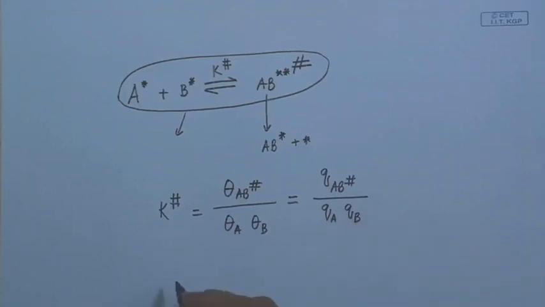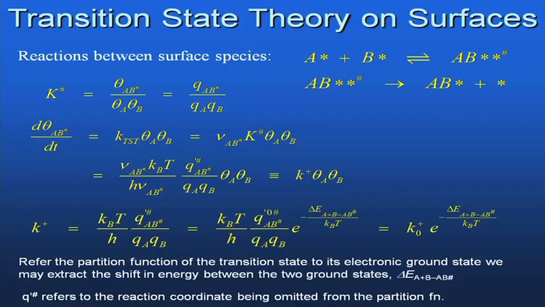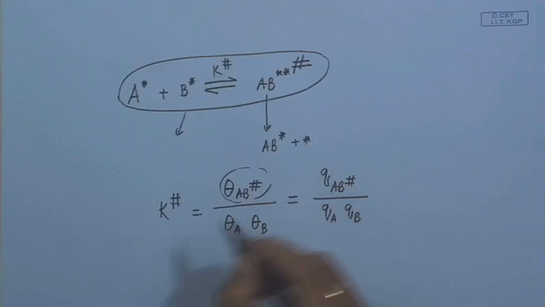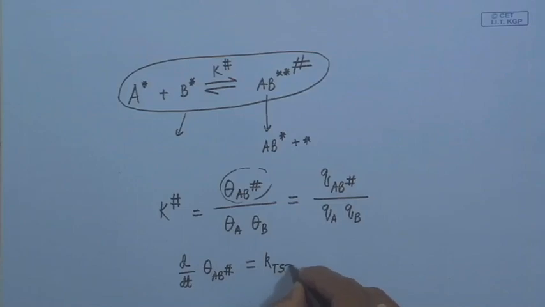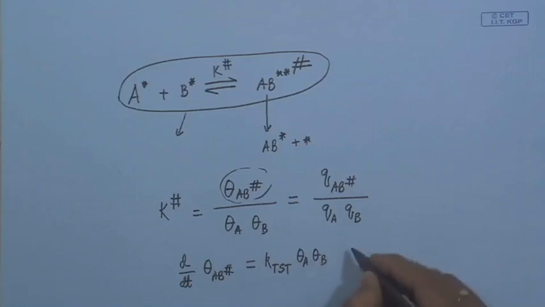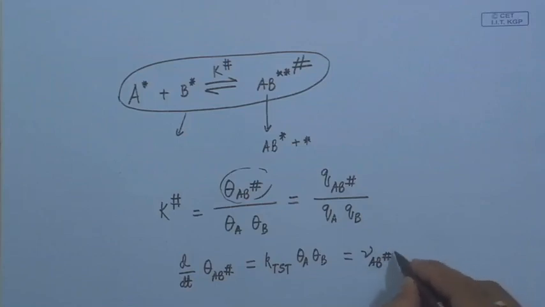Now, the rate of change of theta AB, how can you write? You can write d theta AB dt, which as per transition state theory is K TST times theta A theta B. The same treatment we did earlier.